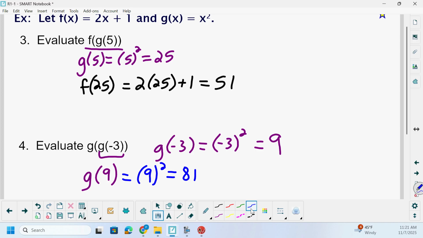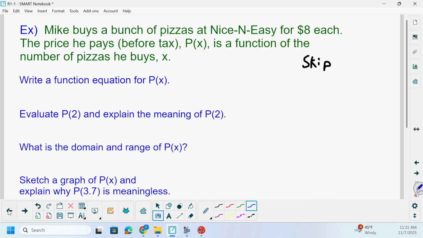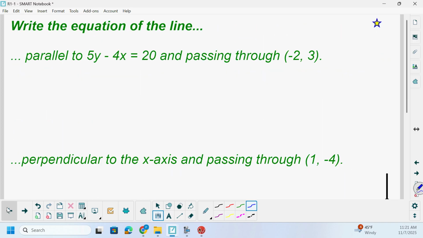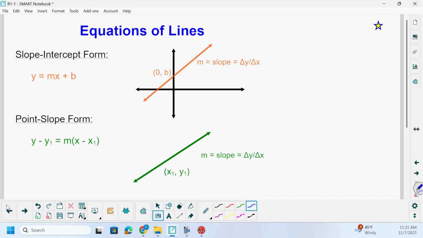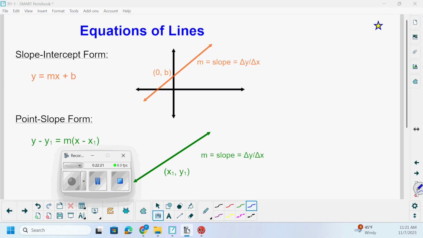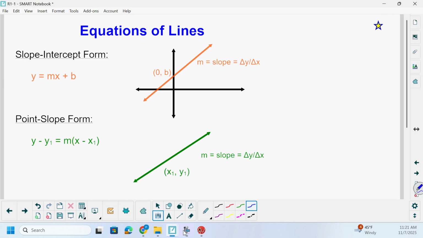So we're going to now jump back to page 1, and our third and final topic we're going to work with today is lines. So there's two forms of an equation of a line. The first is slope-intercept form, which probably you've worked with since middle school.